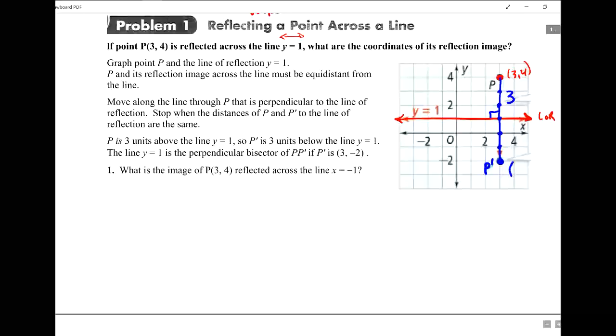P prime is over 3 and down 1, 2, negative 2, because remember, our line is up 1 above our x-axis there. So we moved it 3 spaces. So our pre-image is reflected perpendicular and equidistant across our line of reflection.